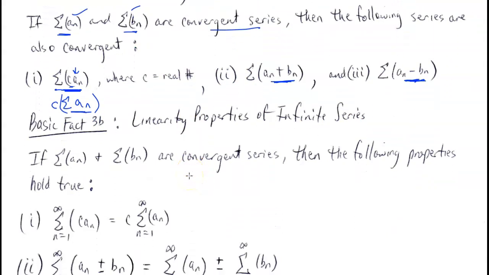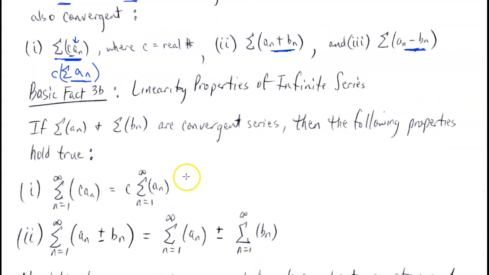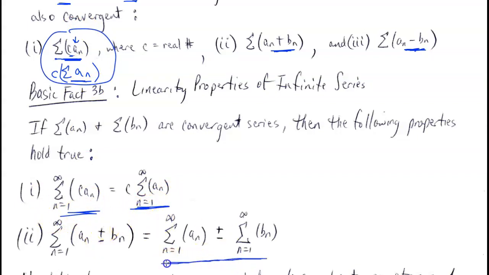Now, basic fact number 3b says here that it completes the linearity property parts of this. So, like I was trying to say here, we know that we could take this and rewrite it this way. And we could take the sum or difference and also rewrite it this way.